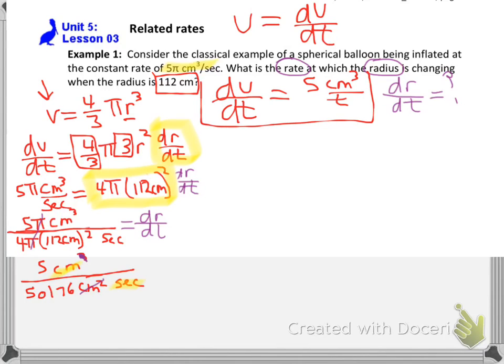The radius, with respect to time, is changing at a rate of, and once again I do apologize for this number, I got 9.965 times 10 to the negative 5 centimeters per second.